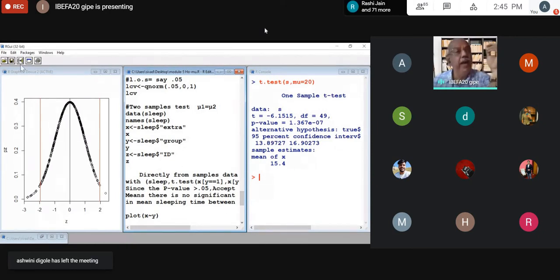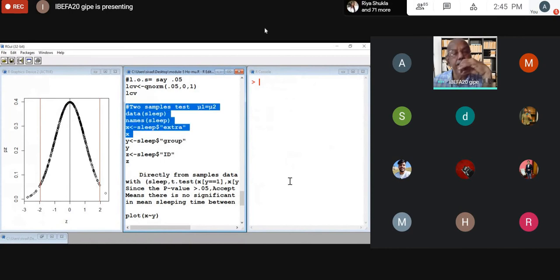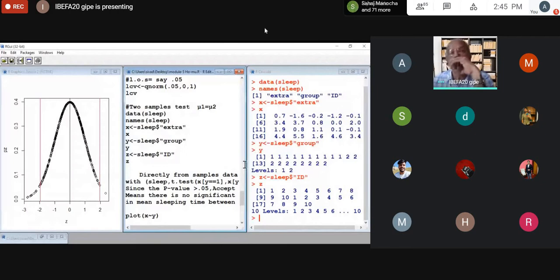But if you want to apply the t-test by R, take the sleep data again: extra sleeping time between 2 groups. Group is nothing but, say, males and females. Ten males and 10 females are there.